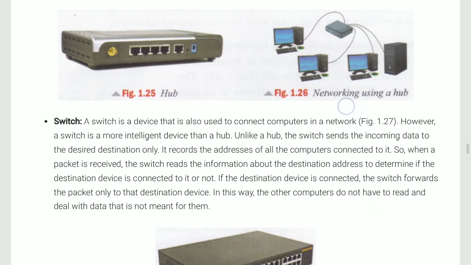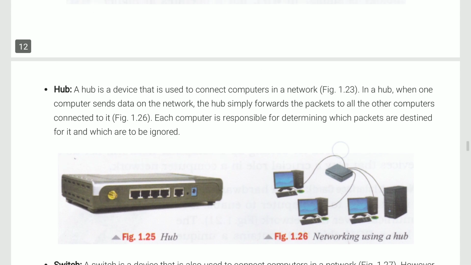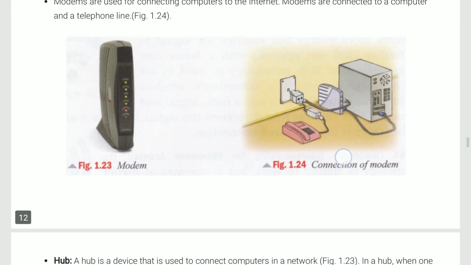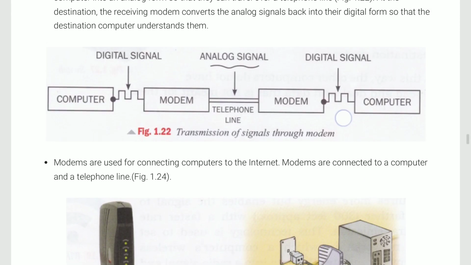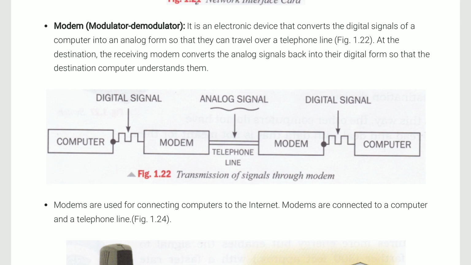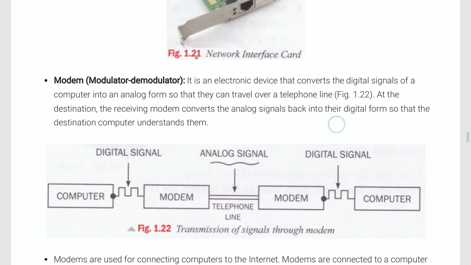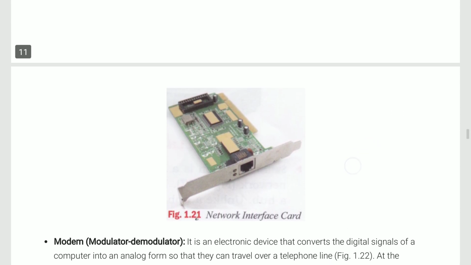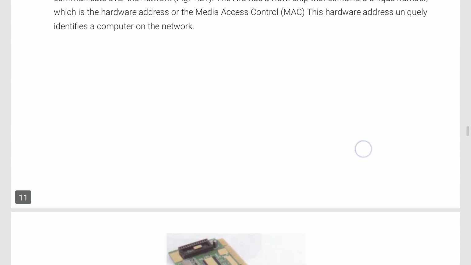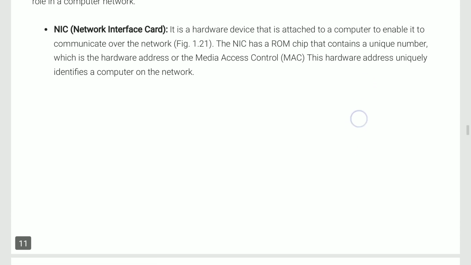Some more network devices that are not described in your book are repeater, gateway, bridge, etc. Now, I will describe each type of network device one by one in detail.